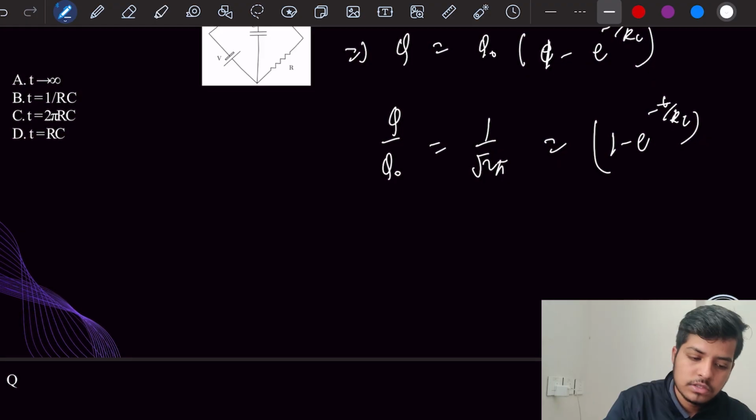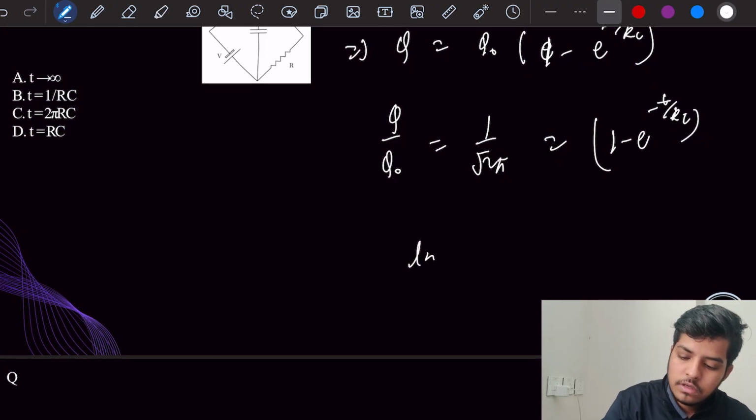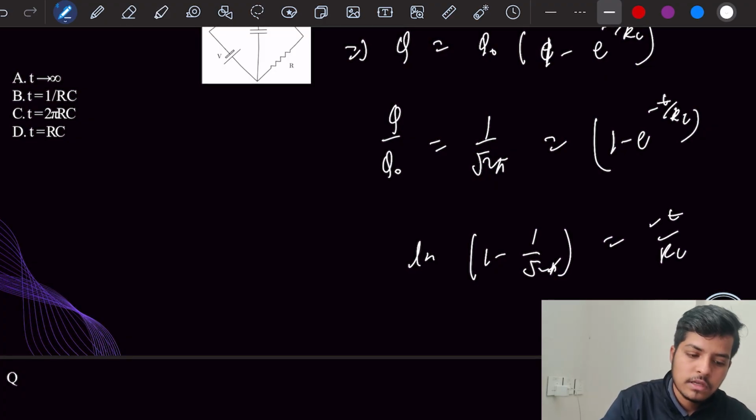Take log both sides, so ln of (1 minus 1/√2π) equals -t/RC.